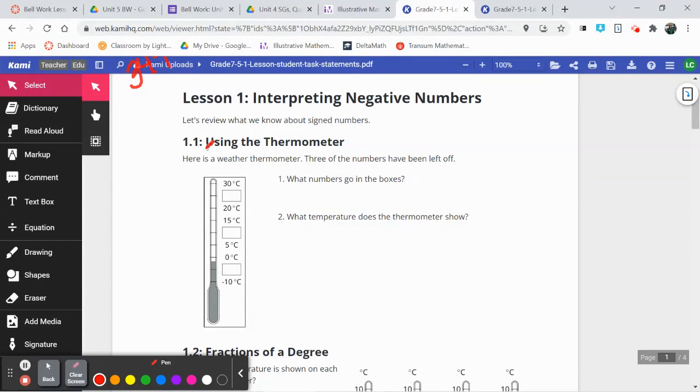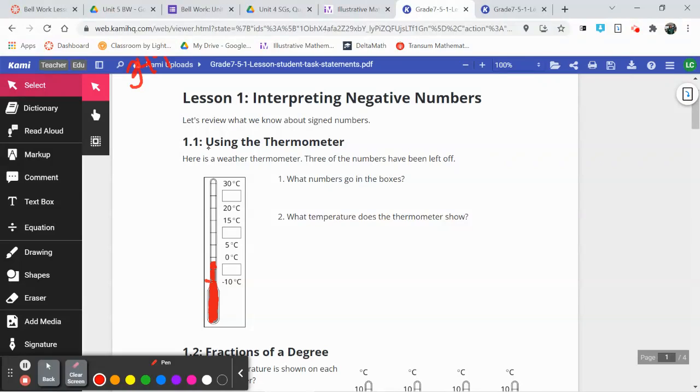And it says, here's a weather thermometer. 3 of the numbers have been left off. What signed numbers go in the box? What temperature does the thermometer show? And you should have a red on yours. Mine does not, sadly, but it is going to be red. So I'm going to make it red here so you can see it a little easier.